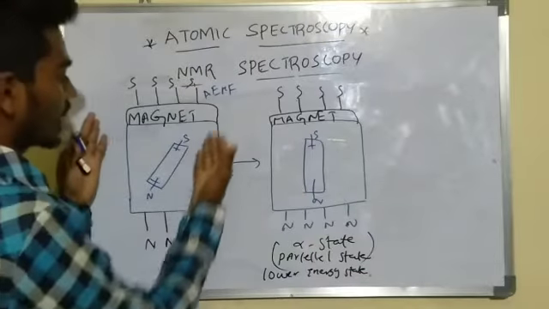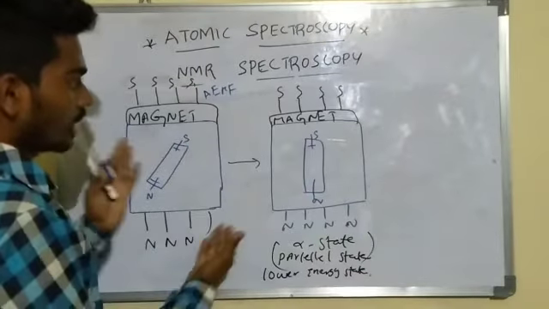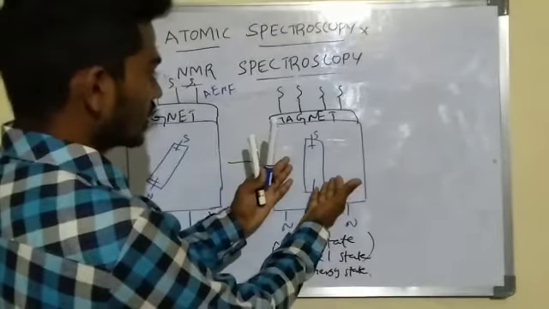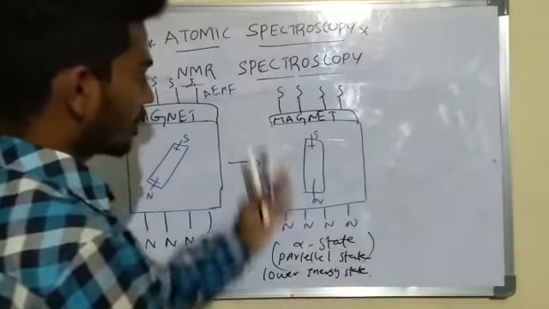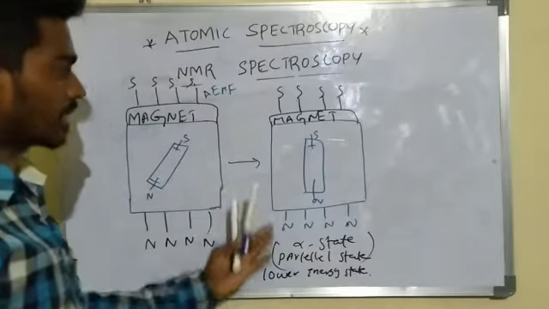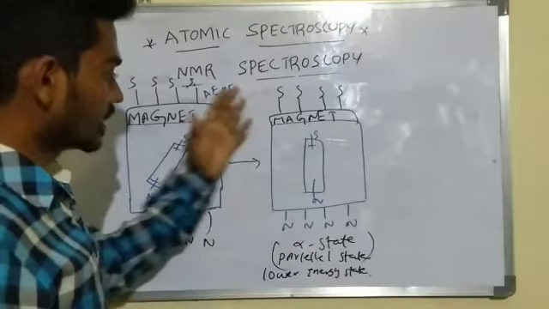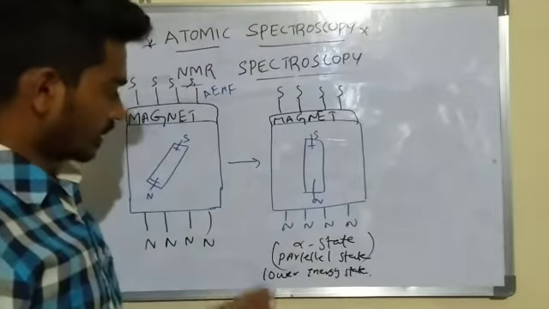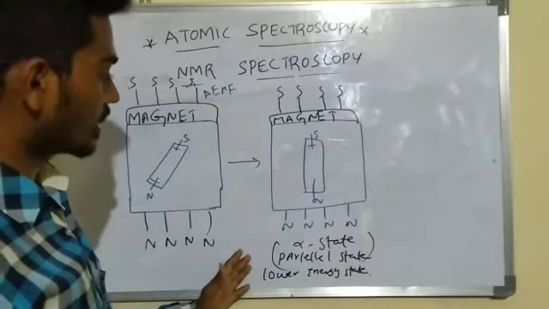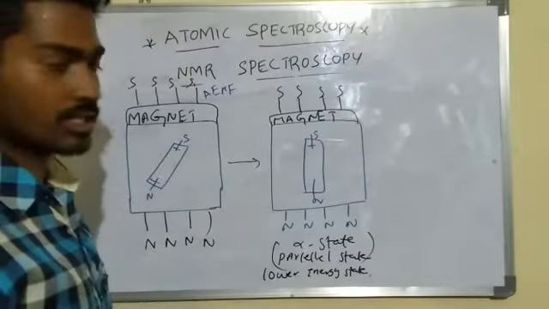Whenever we apply this external magnetic field, the nucleus aligns in the same direction as the applied magnetic field. That condition, the same direction as the applied magnetic field, is called the alpha state. It is also called the parallel state, and it is the lower energy state.